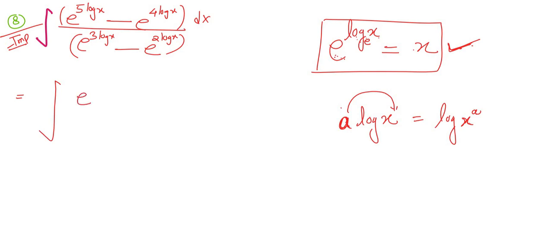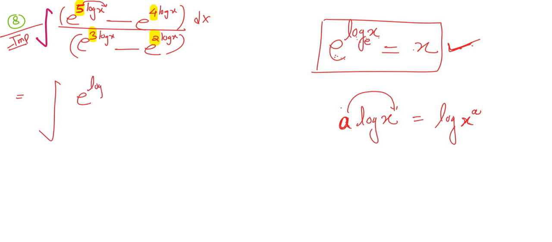e raised to power, this is 5 with log. Here is 5. Here with log is 4. Here is 3. Here is 2. So can I take these numbers backside with power?